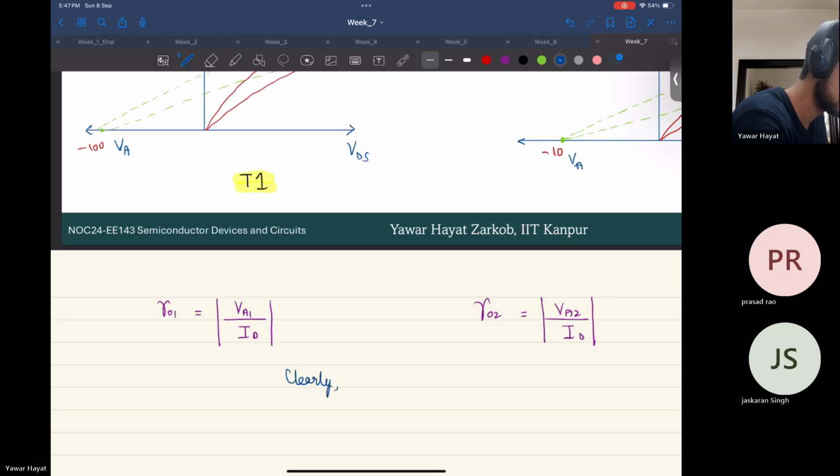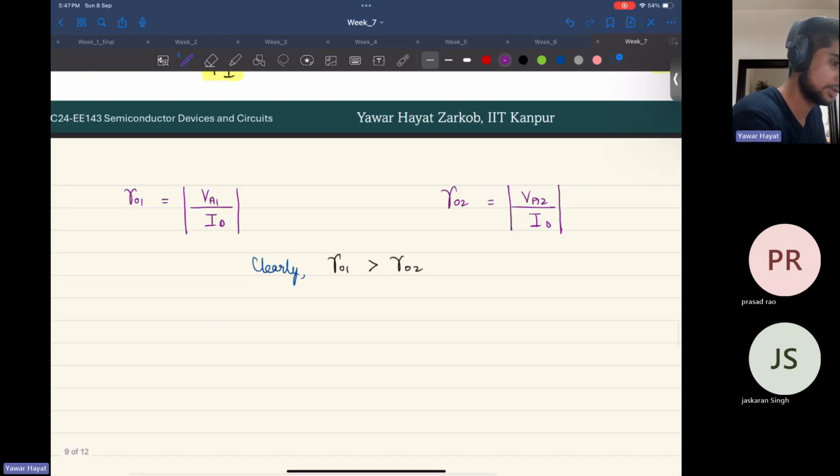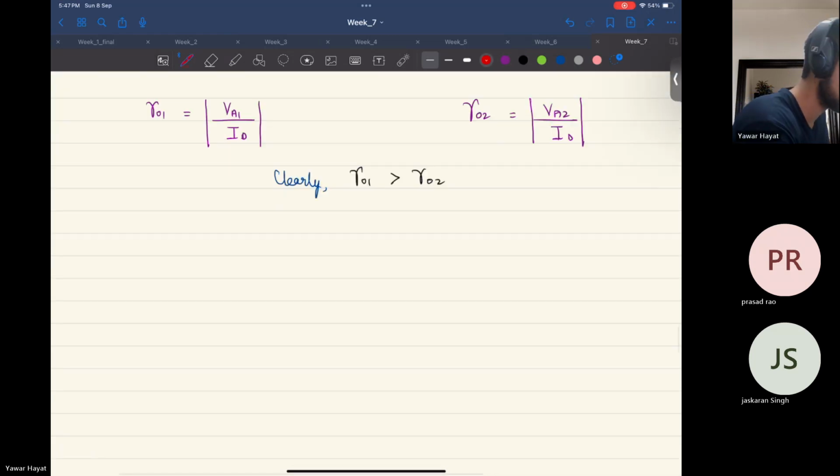Clearly, gamma 01 is greater than gamma 02, right? Which implies that your GMR1 is greater than GMR02.